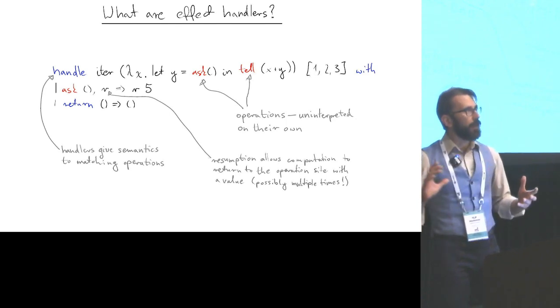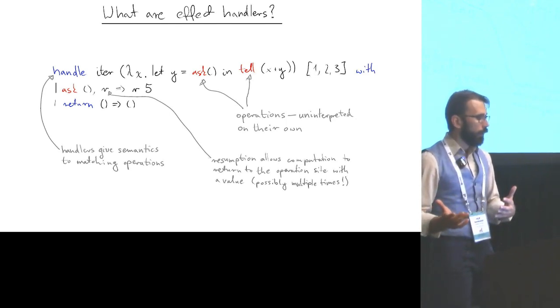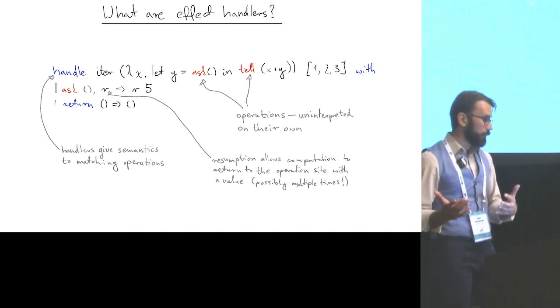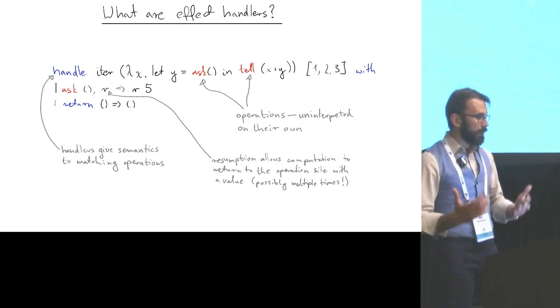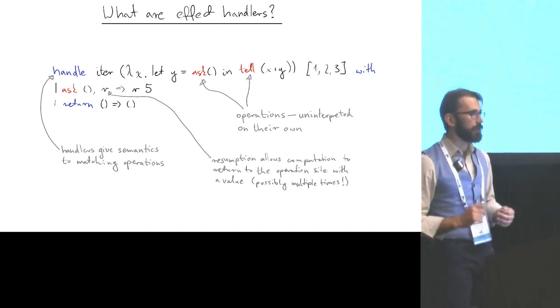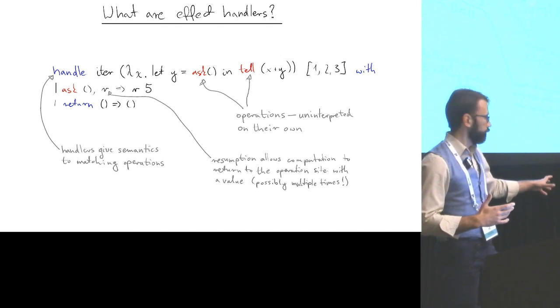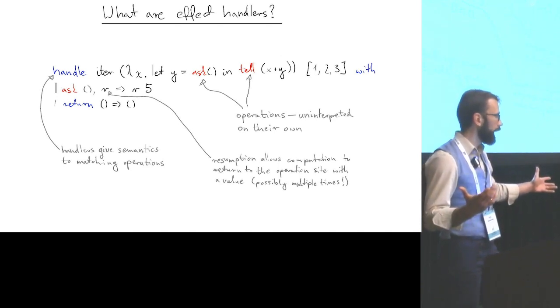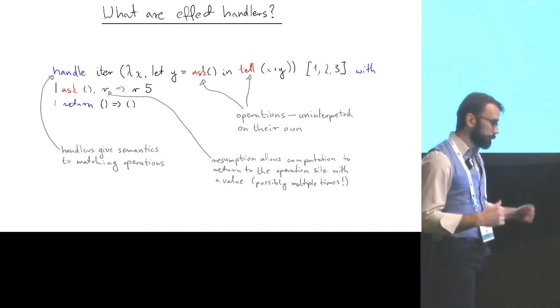And the core idea, from the operational point of view of how these operations work, is they don't have a meaning associated with them at the point where they appear in the program. So what they say is, I'll pass the control somewhere else, and that other part of the program where I pass control, I might not know where it goes just yet, will tell me how to interpret the operation at that point.